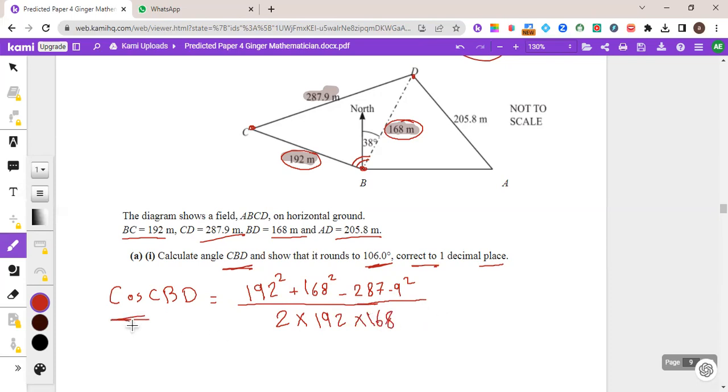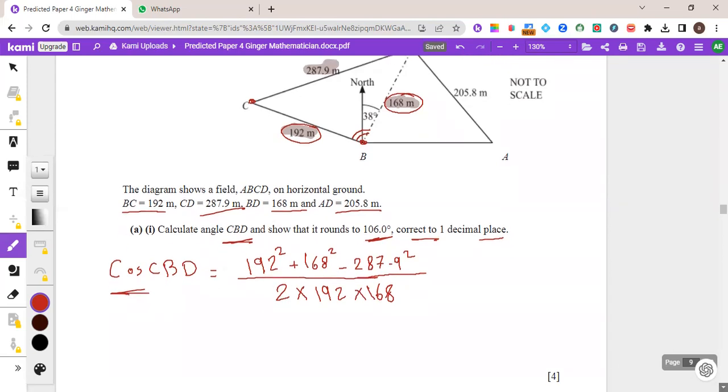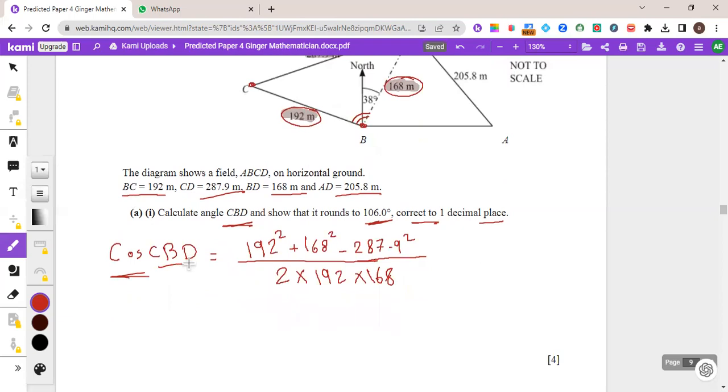How to get the angle from the cosine, Mahmoud? Yes, I will make the cosine inverse for this one. Equals what, Mahmoud?